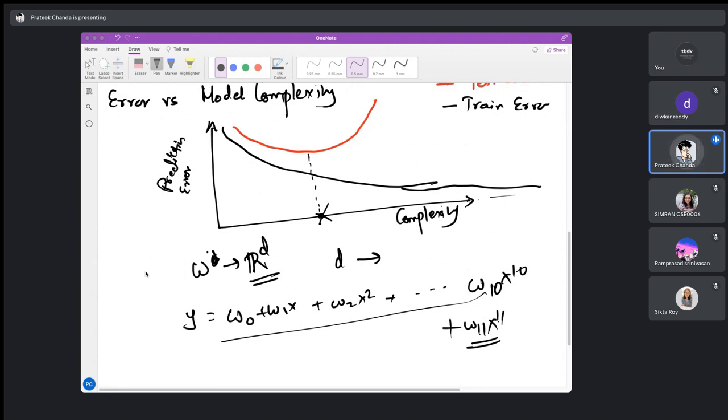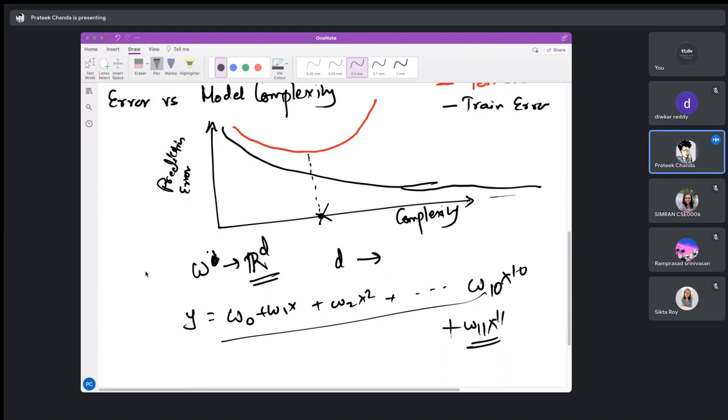If you have too many parameters, w is actually a parameter, that indicates overfitting, or means that my model complexity is much more. From a neural network perspective, if you increase the depth of the neural network, that means if you keep on adding more layers, then you essentially also add in more weight vectors, like w.